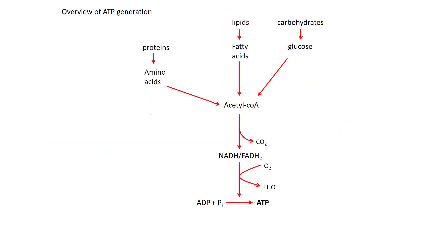All right, so what we're doing here is giving you guys an overview of aerobic respiration. So this is how the process of fuels being oxidized ultimately results in ATP synthesis.